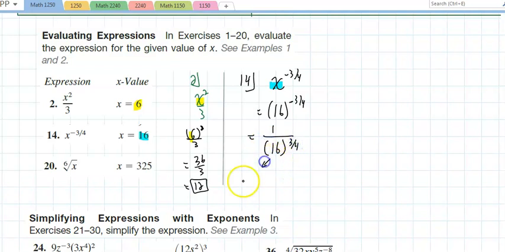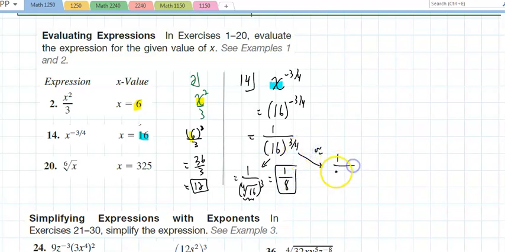Either you're going to say this is really 1 over the 4th root of 16 cubed, which is 1 over 2 cubed, that's 1/8, or you're going to say this is 1 over 16, which is 2 to the 4th, and when you raise powers you multiply, and that would be 1 over 2 to the 4 times 3/4, they cancel out, and that's 1/8. Either or.